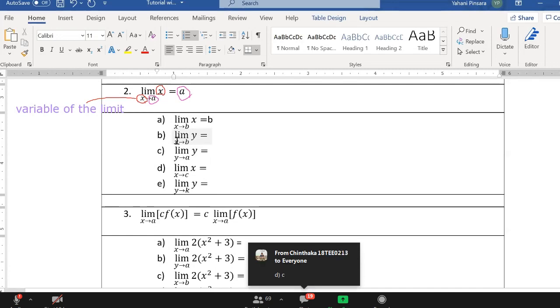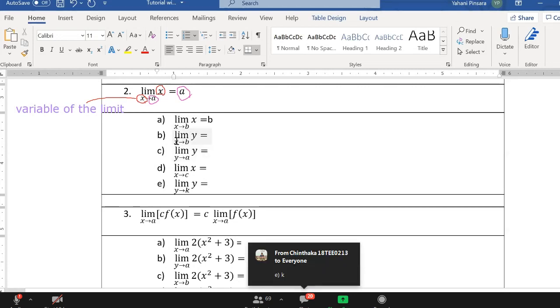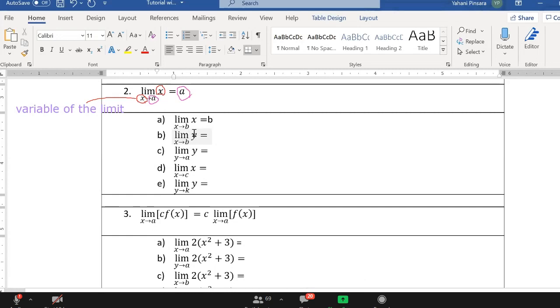Here y, as x approaches b, but you don't have to find any. So here does y contain any variable of x? X is the limit variable of the limit. So this variable of the limit doesn't contain in this y, right? So variable of the limit, which is x, is not contained in y, right?